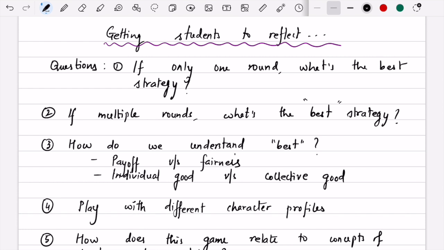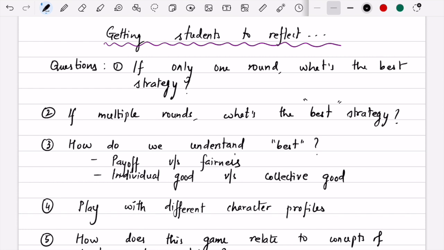You could play a lot with different character profiles. So we spoke about the opportunist and the copycat, but the workbook and the teaching guide have multiple other profiles listed. So there is the grudger, there is the cooperator, there's the cheater, there's the random player. And you can get students to sort of inhabit different profiles and see how the game turns out.